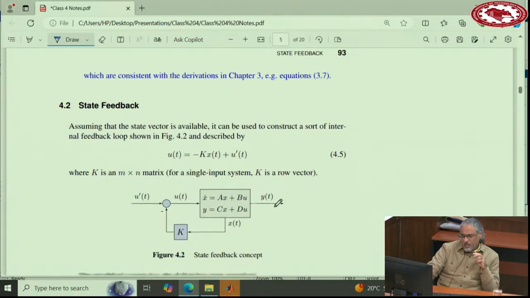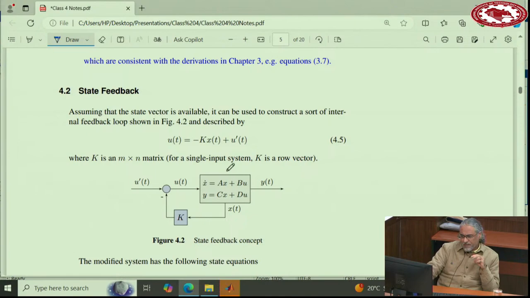Now, if you have a linear time invariant system that has a state space description or a state space model, so it has output, it has a state vector. The concept of state feedback says, if the state of this system contains all the information about this system, why shouldn't I feed back that state vector rather than the output?